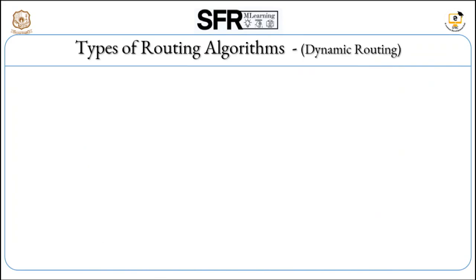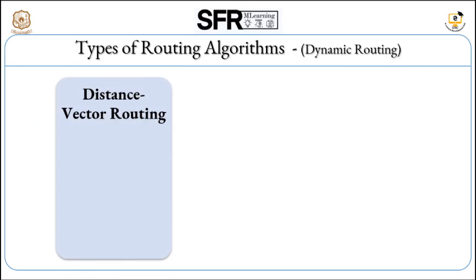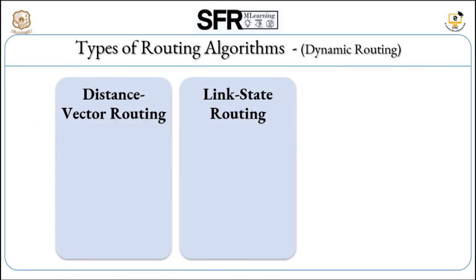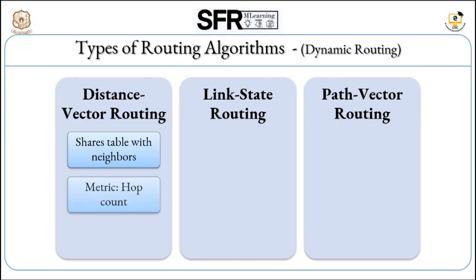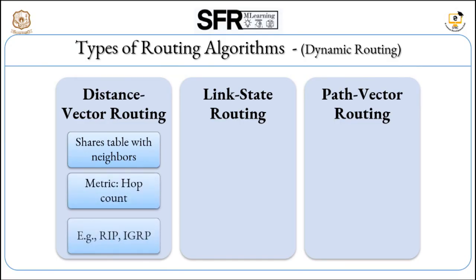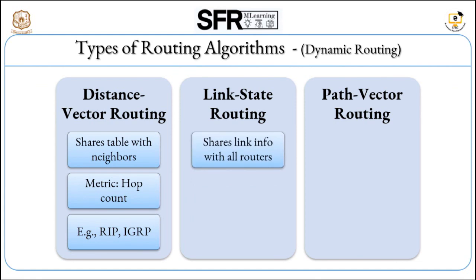With dynamic routing protocols, we have three important categories: distance vector routing, link state routing, and path vector routing. In distance vector routing, the routers share information about distance and direction to reach other networks. For example, Routing Information Protocol, RIP.